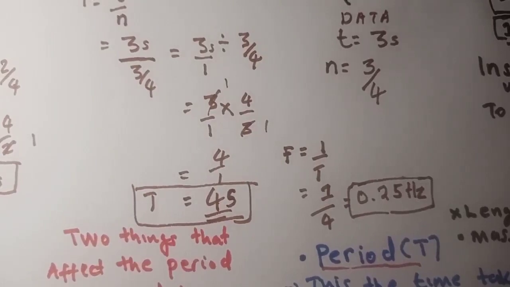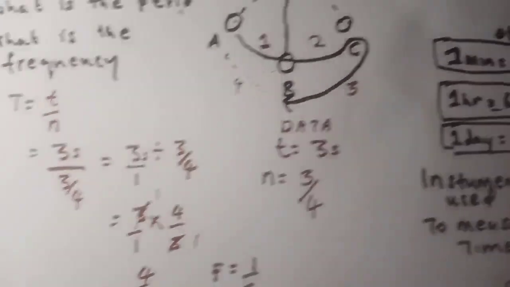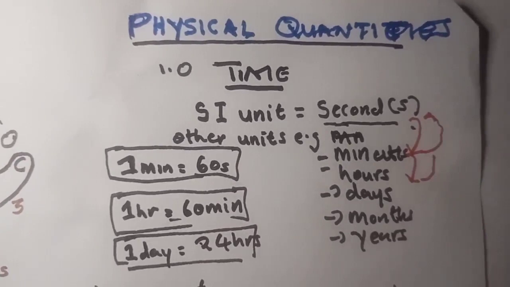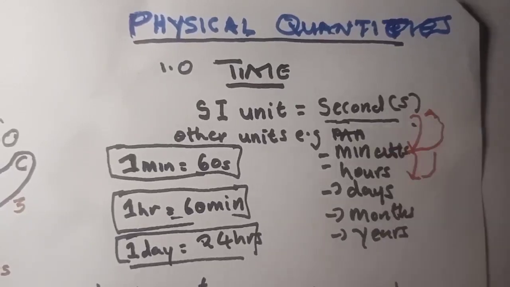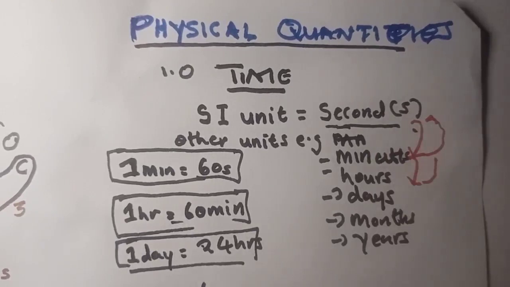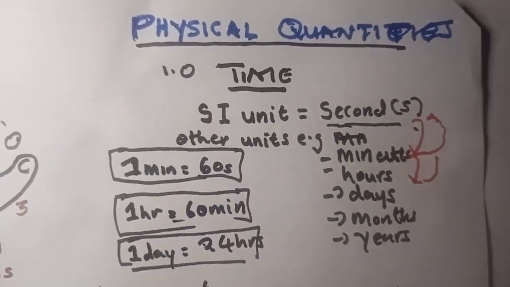I hope you've been able to get some understanding about the simple pendulum. We've talked about a lot of things. Just to do a recap, we said time is measured in seconds, though it has other units like minutes, hours, days, months, and we can use this to convert from one unit to another. 1 minute is equal to 60 seconds, 1 hour is equal to 60 minutes, 1 day is equal to 24 hours.